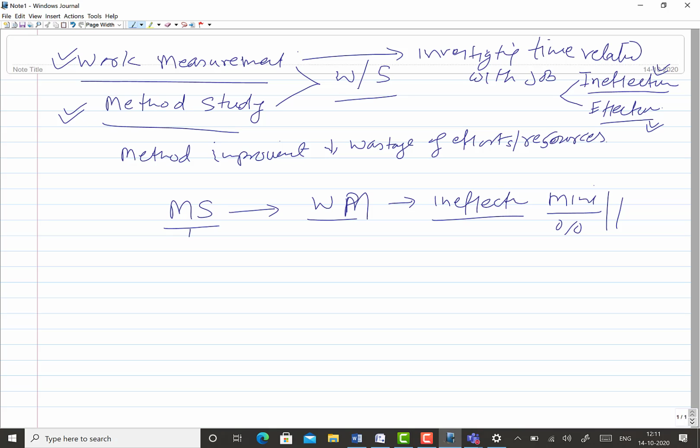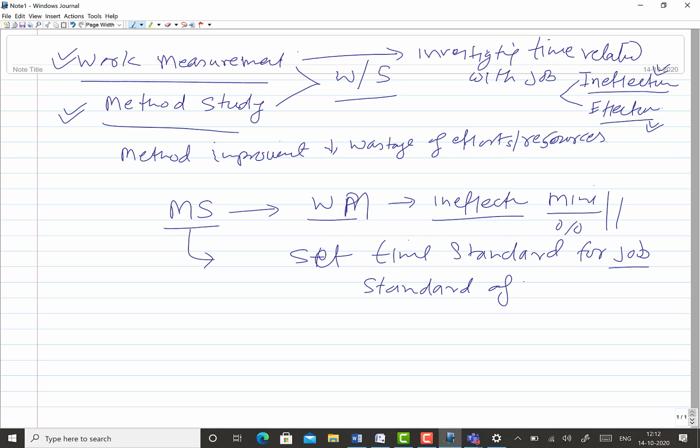So if the method study is giving a fresh improved method without any ineffective time, it will be used, and work measurement will be used to set the time standard for the job which is being considered, or it can also be used to set the standard of output.